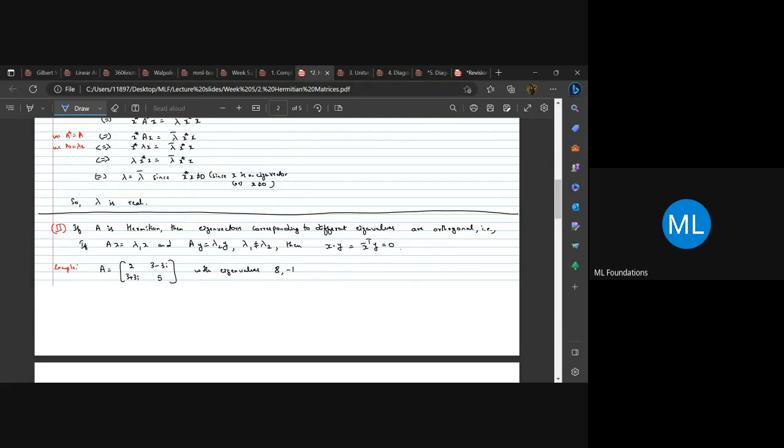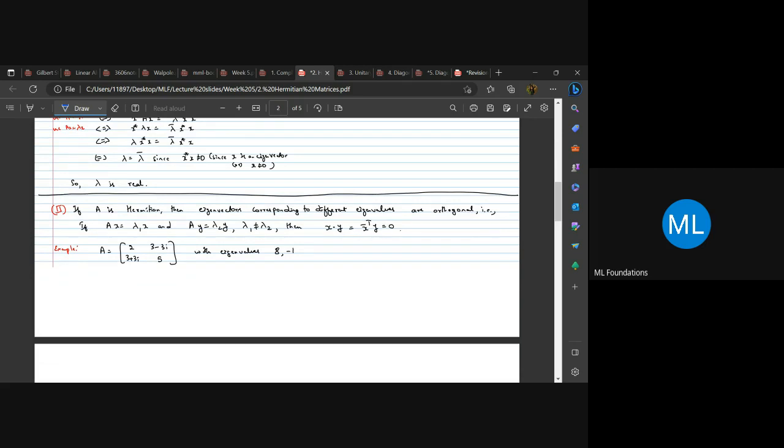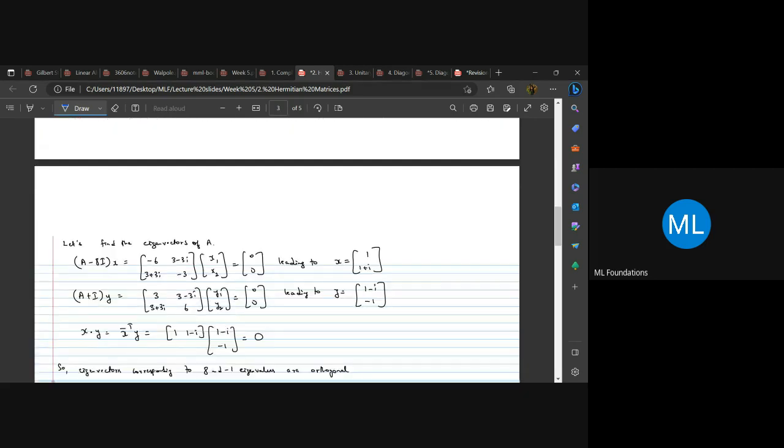So if you have, let's say, a 2 cross 2 Hermitian matrix with two eigenvalues, lambda 1 and lambda 2, and if they are not the same, then you get two different eigenpairs, lambda 1 v1 and lambda 2 v2, and those two vectors will be orthogonal. Even in the symmetric matrix case, you had seen that different eigenvalues give different eigenvectors. The same holds for Hermitian matrices here.